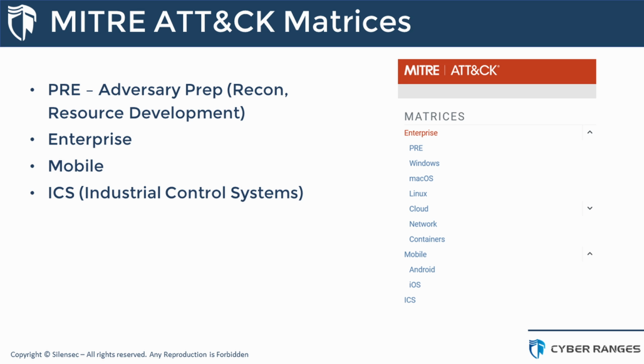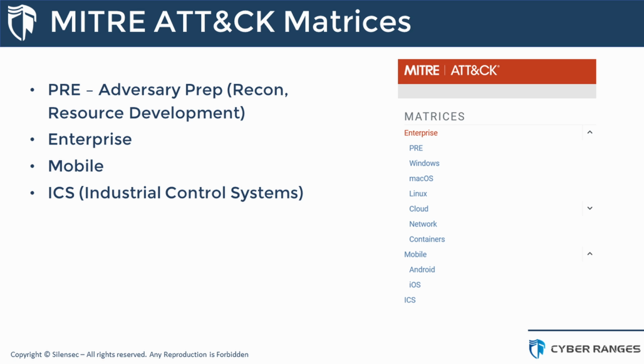One of the newer ones is the pre-matrix, which essentially separates adversary preparation phases, where you have reconnaissance and resource development, as they are very, very important phases. And then you have enterprise, mobile, and ICS, which is OT, industrial control systems, etc. The reason for this separation is because different APT groups or threat actors target different types of environments, right?